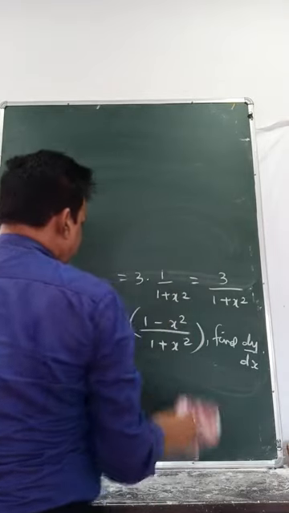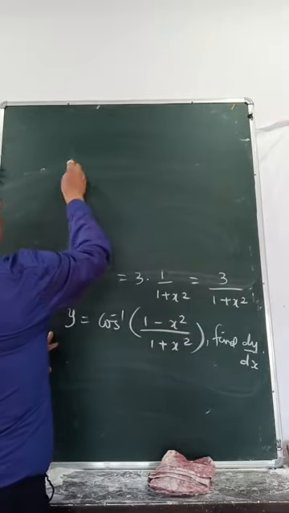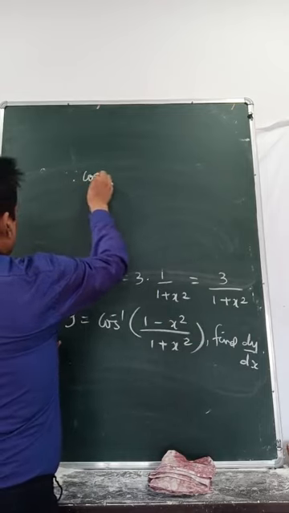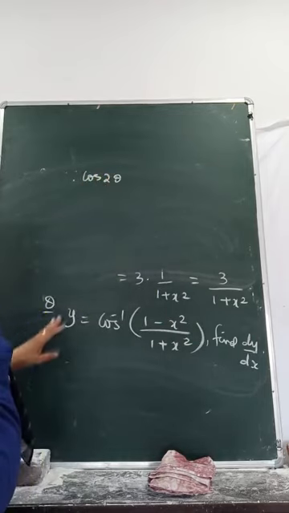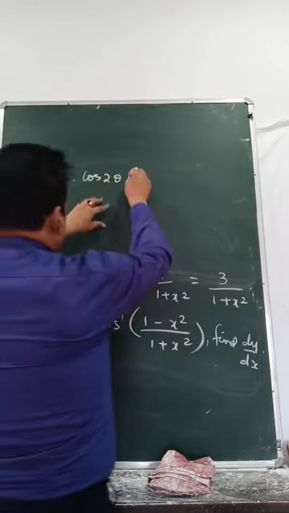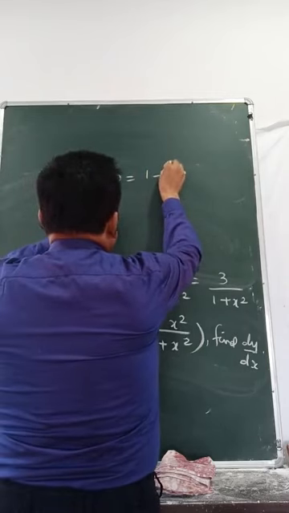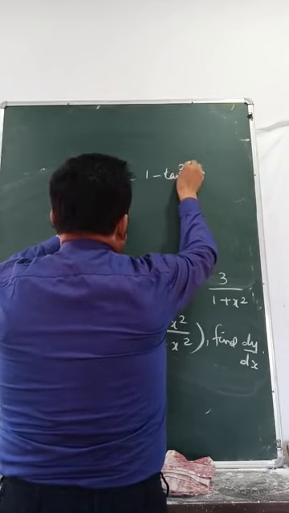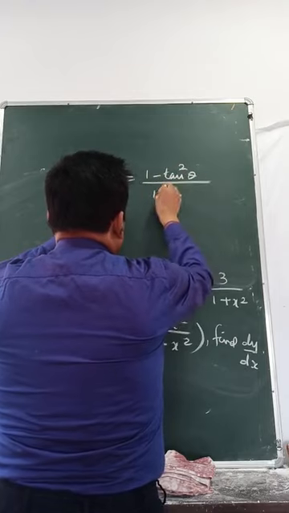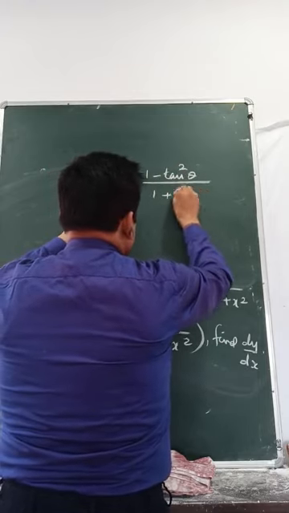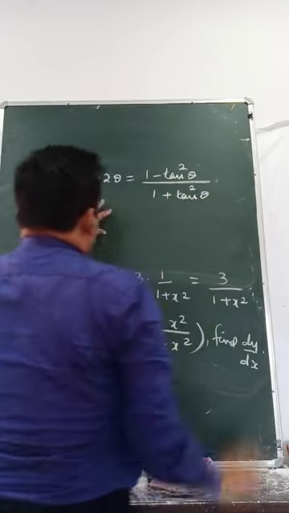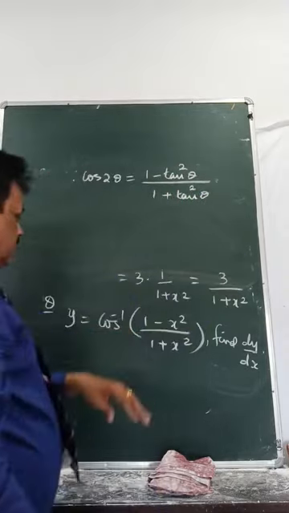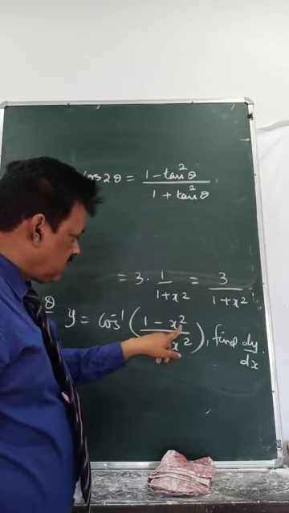Recall the cos formula I have given: cos 2 theta is 1 minus tan square theta by 1 plus tan square theta.